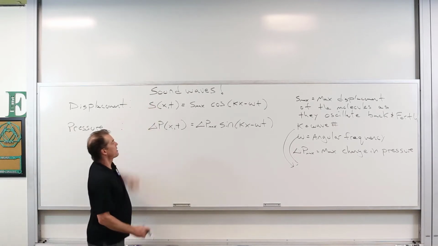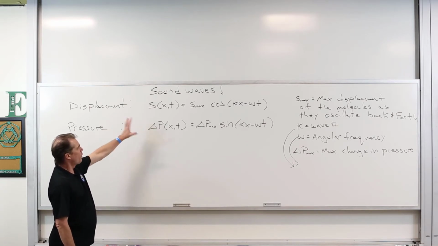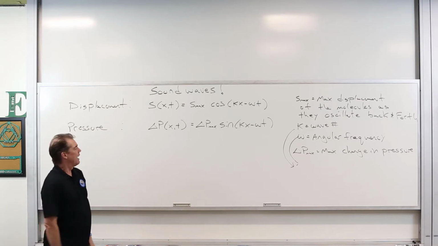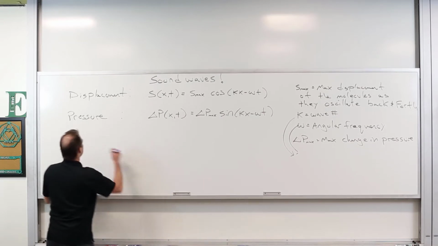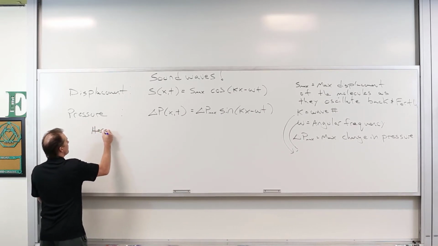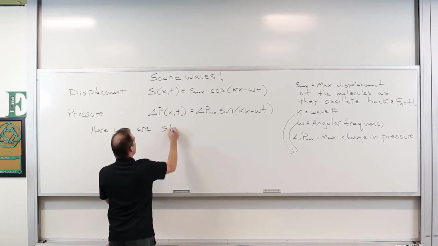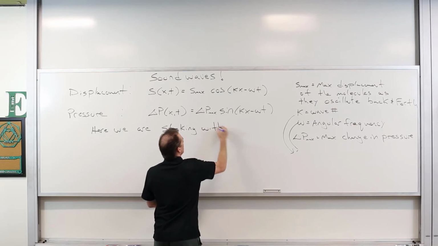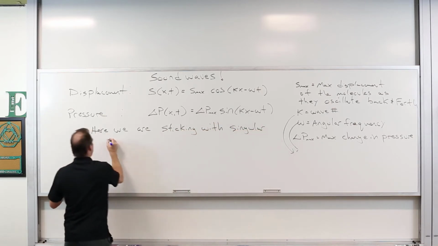So that's how these two fit in with one another. We're not going to be so interested in this other than it's sinusoidal, great, and again, we're talking about singular frequency sounds.